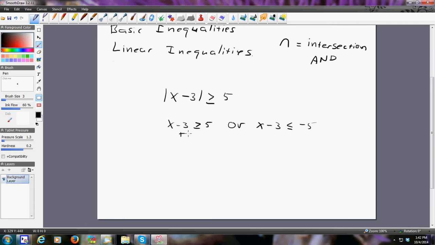I'm going to add 3 like we just did. And now I get x is greater than or equal to 8, or x is less than or equal to negative 2.